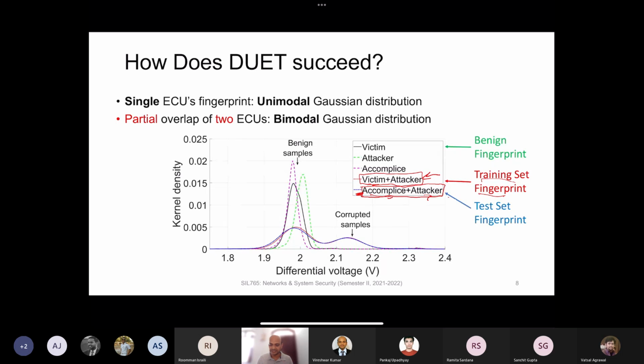So if the training set poisoning happened with the help of the attacker, but during the test phase the attacker tries to impersonate and the accomplice tries to help, would the combination also work? Is this commutative?